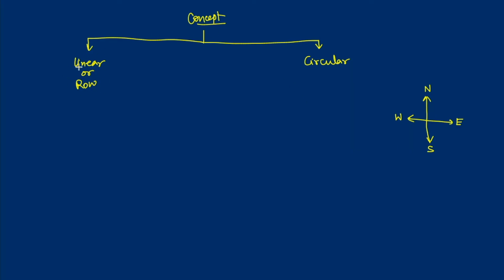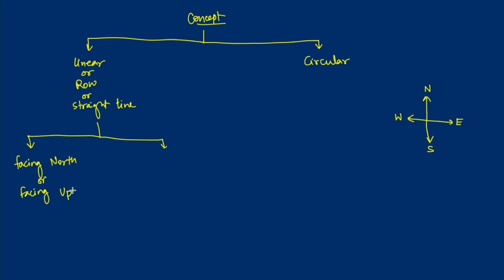Now, in the case of linear seating, when the seating arrangement is done in a row, or in a straight line, you can have two types of conditions. One condition is when the people are facing north, or you can say they are facing upward.